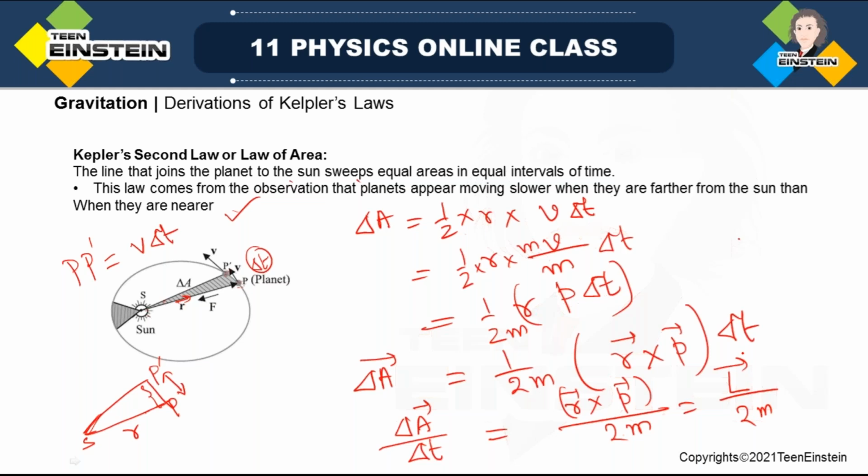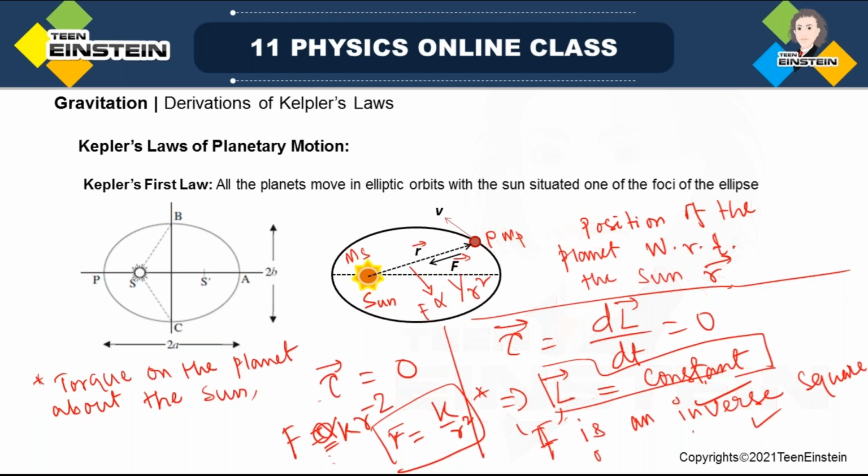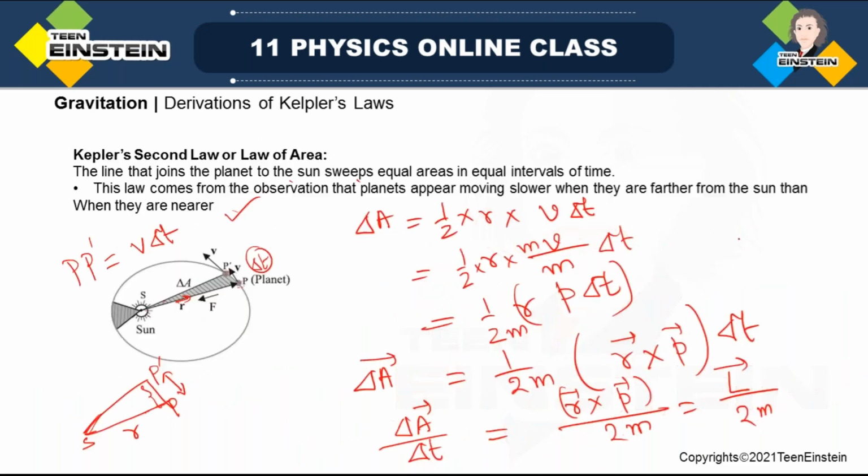And what we had already proved in the previous case also, that angular momentum is constant in case of elliptic orbit. So L is constant and mass of the planet is already constant. So we can say that this rate of change of area vector is constant.